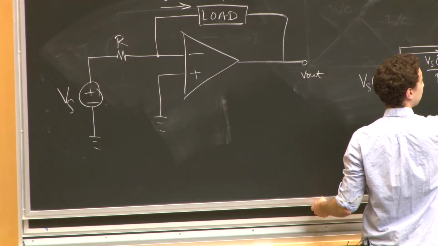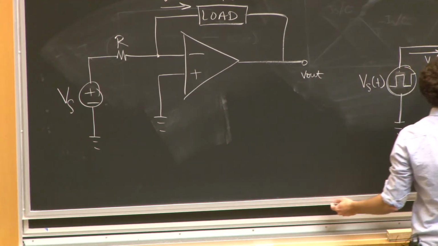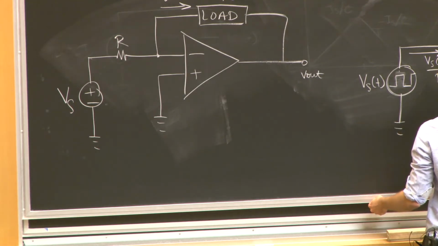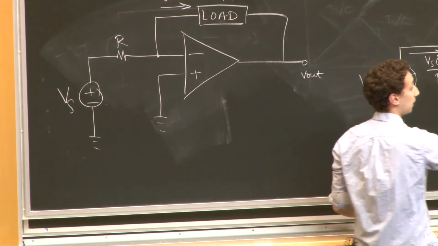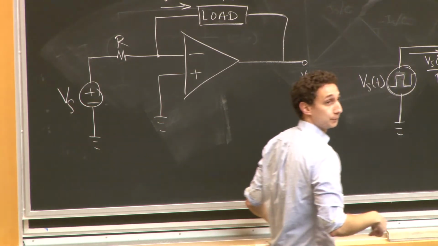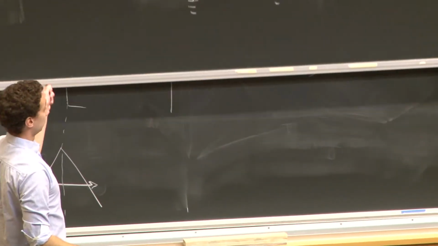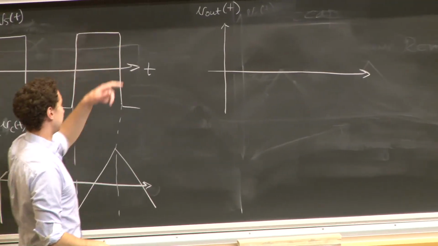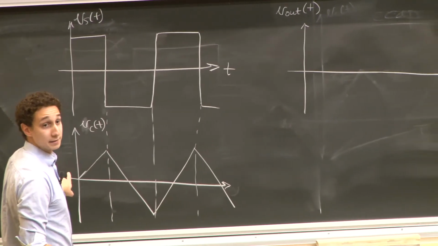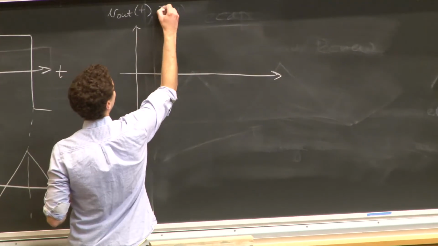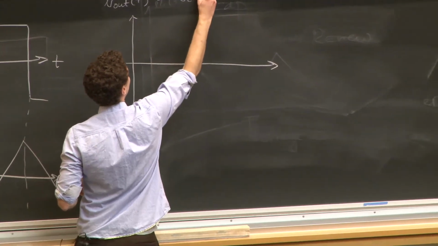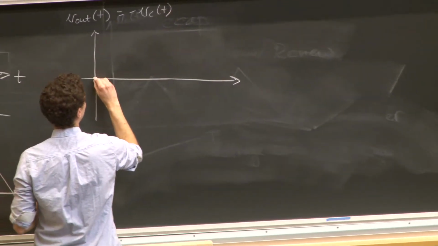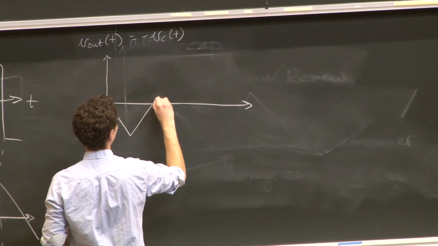We know that this is 0 because of golden rules of op amps. 0 minus the capacitor voltage as a function of time is equal to V out. So basically, V out is just going to be minus VC. Just going to look something like this.